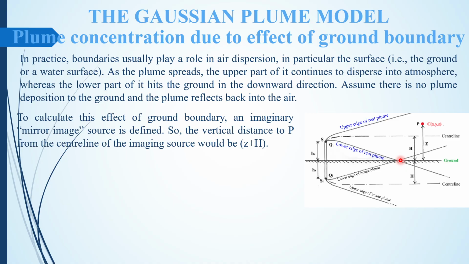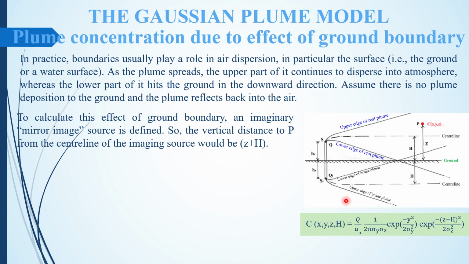So to calculate this effect of the ground boundary, an imaginary mirror image source is defined. So the vertical distance to P from the center line of the image source would be, this is the center line of this image source, and from here to here is z, and we just add h here, so z plus h.